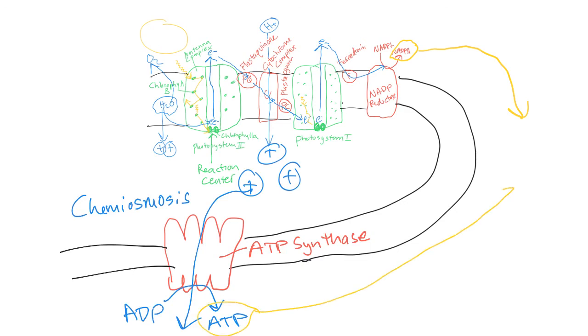And so we can use these now in the light independent reactions, which we'll talk about on Monday, to fix carbon dioxide into bound carbon molecules together, and then you can bind those together to make sugars.